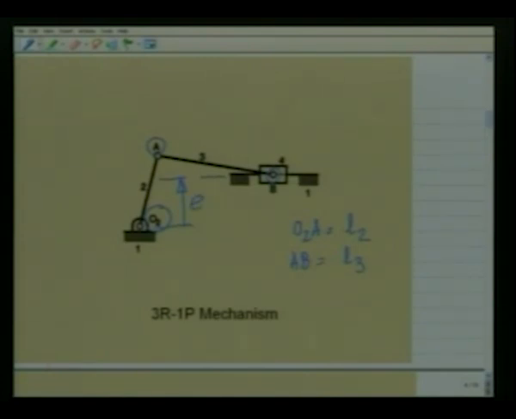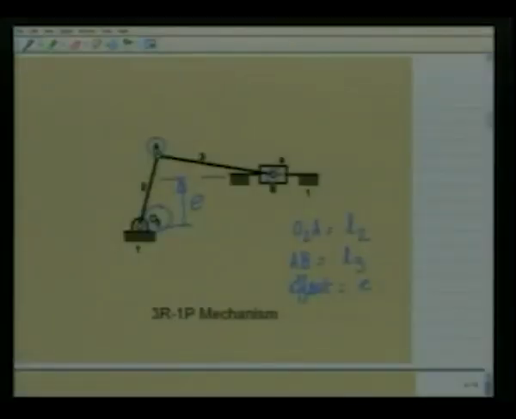So the other kinematic dimension is the offset, which is equal to E. This is also known as the offset slider crank mechanism, which is used to convert uniform rotation of link 2 into rectilinear to and fro oscillation of the slider 4.